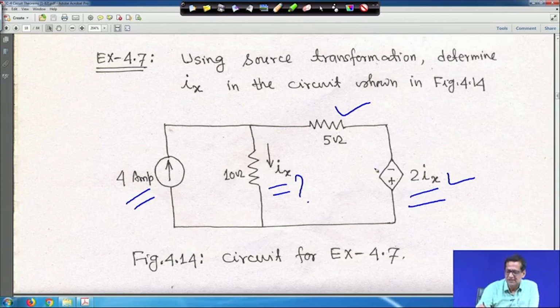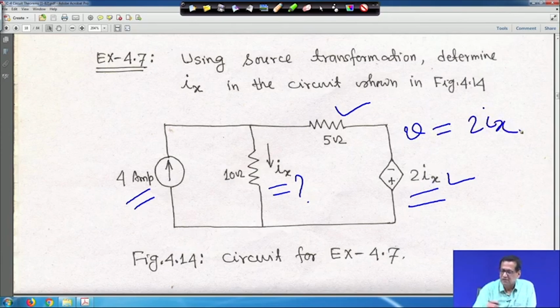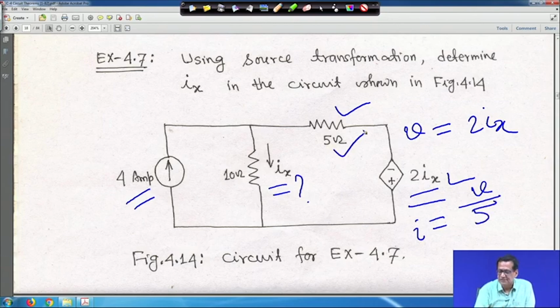So, you try to convert it to a dependent current source, same transformation, same philosophy here, right. If this dependent voltage source is, for example, 2 Ix, with polarity plus at the bottom, and V is equal to 2 Ix, then to convert it to a dependent current source, I will be equal to V divided by this 5 ohm.